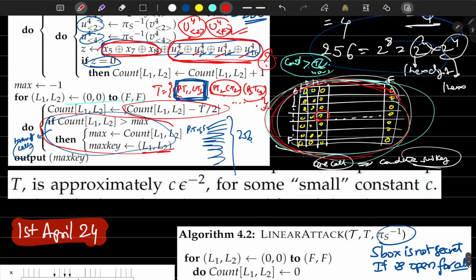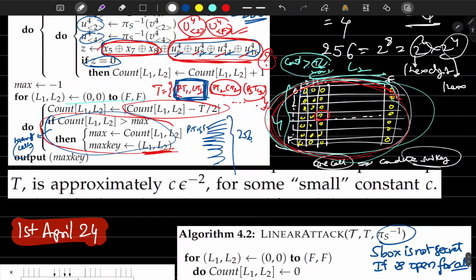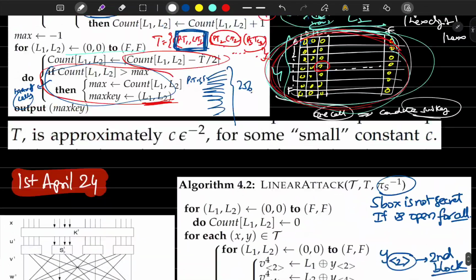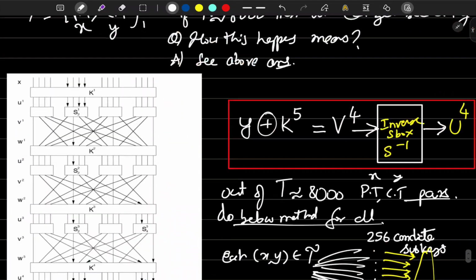This row is L1 and this column is L2. Very easy now, right? So finally we have declared the maximum candidate subkey. That's it.